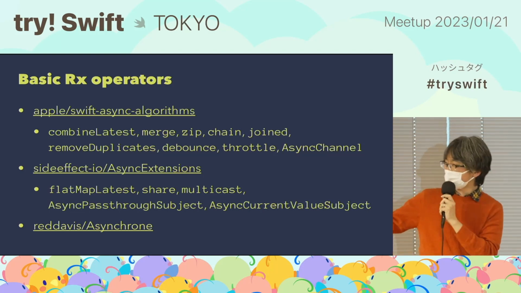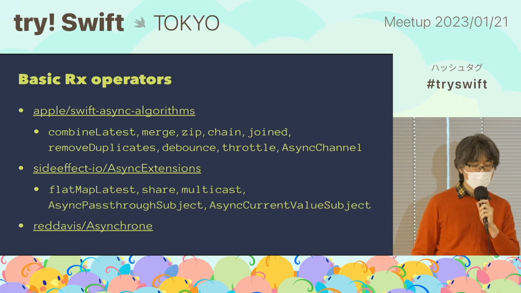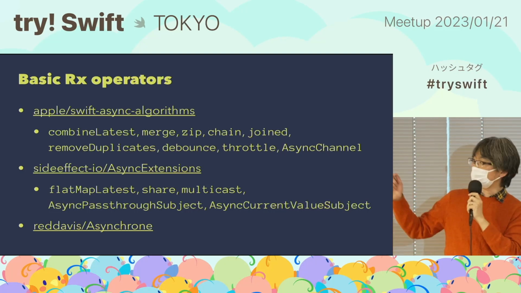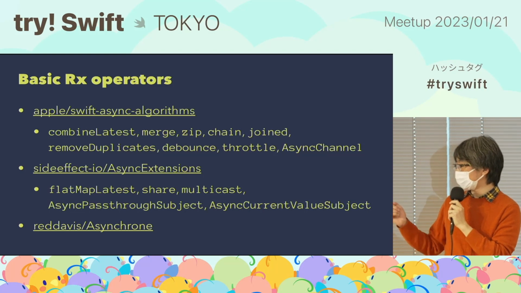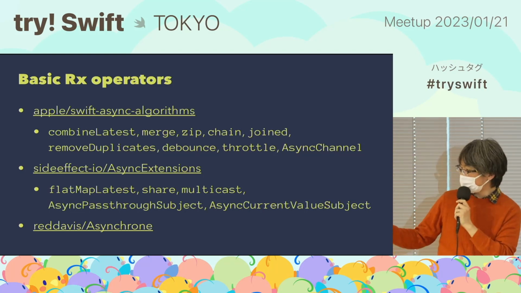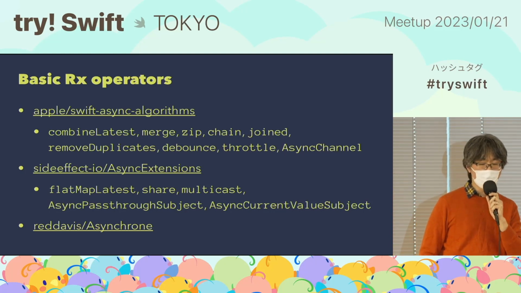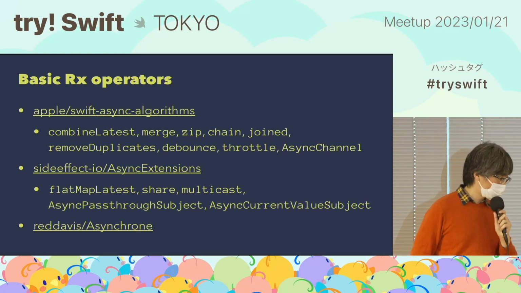And there are third-party libraries as well, such as AsyncExtensions and Asynchrone. These libraries complement some of the core features that Swift Async Algorithms doesn't even have yet, such as flatMapLatest, share, multicast, and some of the subject classes. I will mention this share API later, because it will be a very important API in this talk.